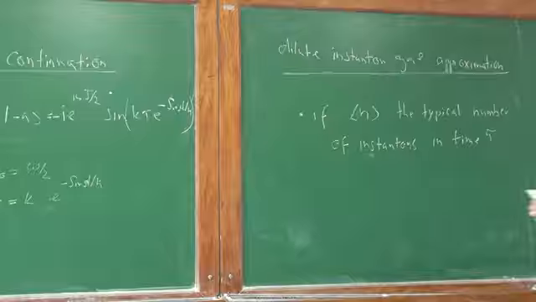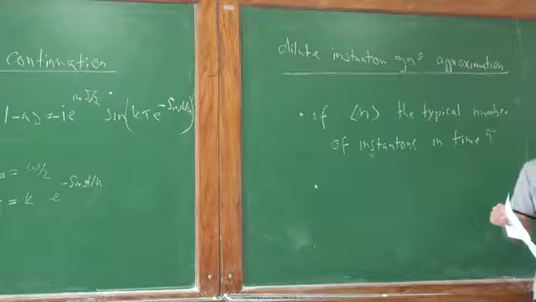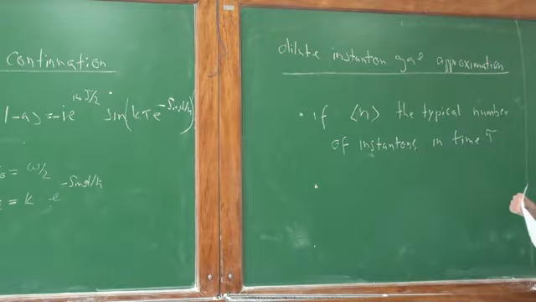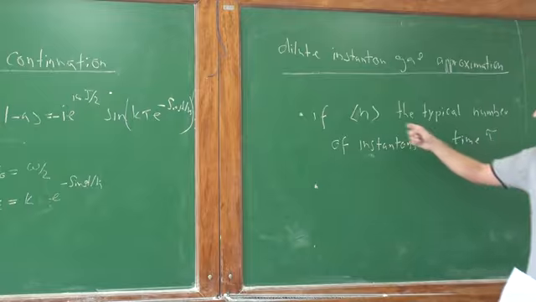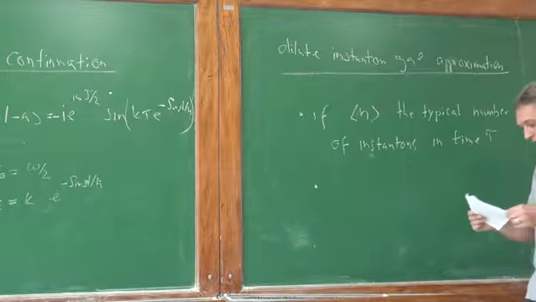Then what we should verify is that the distance between the instantons is large. So we have to compare two scales: the instanton itself has a structure on the scale 1 over omega, and this should be compared to the typical time that the particle rests in between such tunneling events. The typical time between tunneling is just the overall time tau divided by n, and this should be larger than 1 over omega, okay?